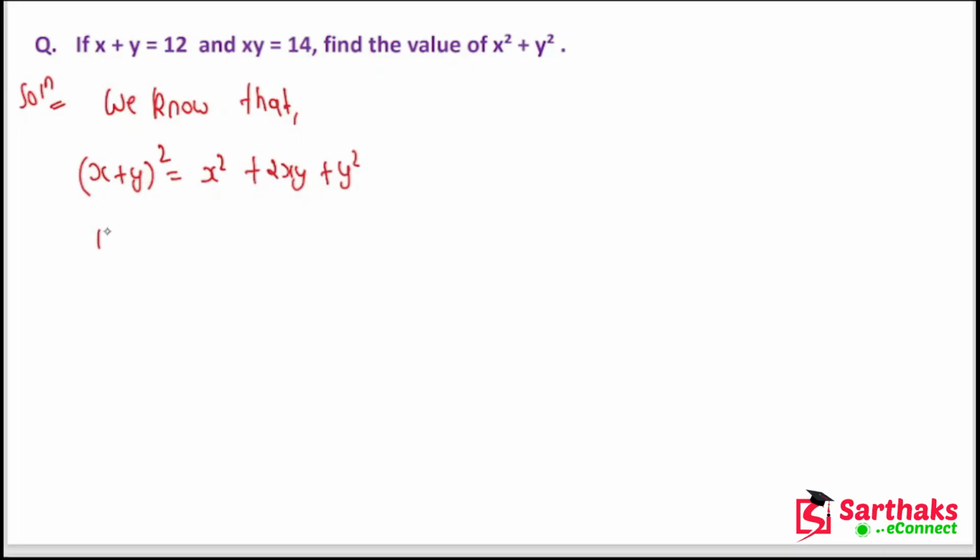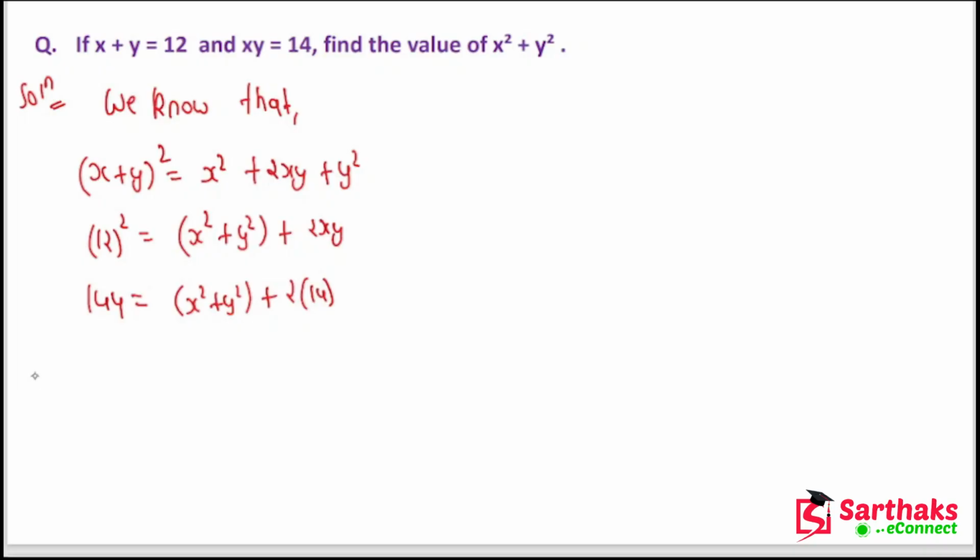X plus y is equals to 12, so 12 square is equals to x square plus y square plus 2xy. So 12 square is equals to 144, and x square plus y square we have to find, plus 2xy, xy is 14, so it will be 2 into 14. So what would be x square plus y square?